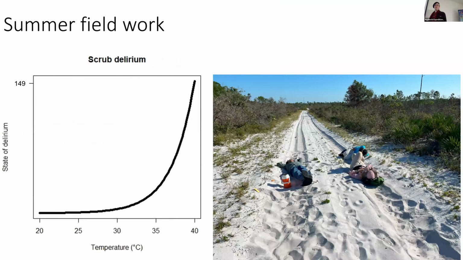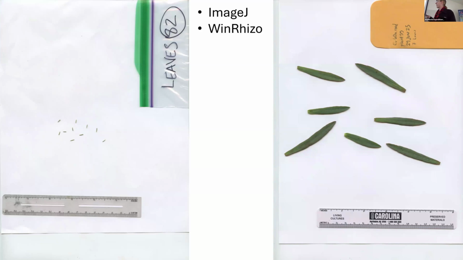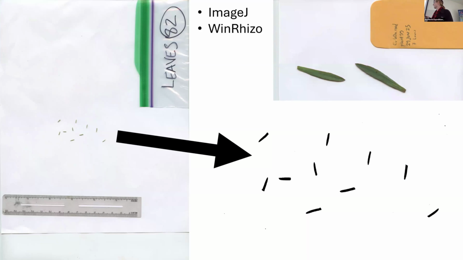I believe most of you are already familiar with summer field work, but here's a little graphic to help you understand if this isn't something you've experienced. We analyzed the roots and leaves using a couple of software packages. Hypericum had really small leaves, but we managed to get our SLA for it.